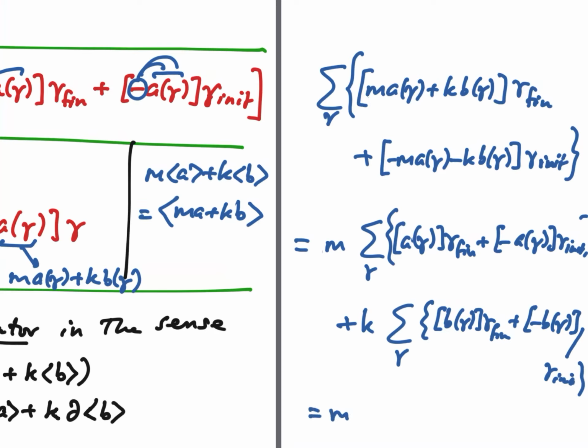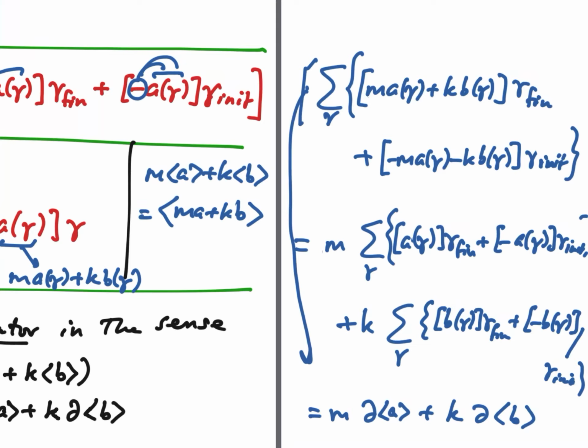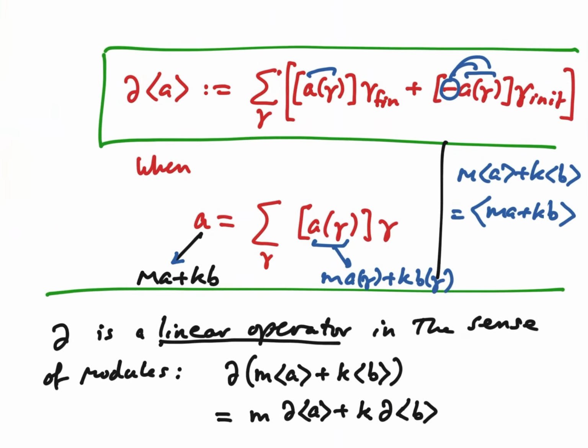In other words, this would be m times the boundary operator acting on that chain plus k times the boundary operator acting on that chain. So from this step onwards, we're just using rules of formal sums. These are formal sums of points, and the rules just apply, and we can manipulate the expressions. So that shows that this is a correct statement here.